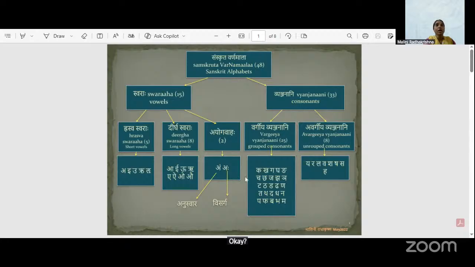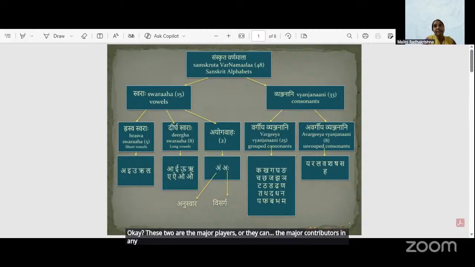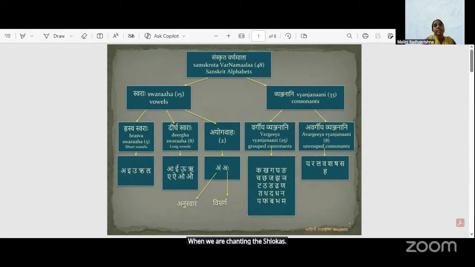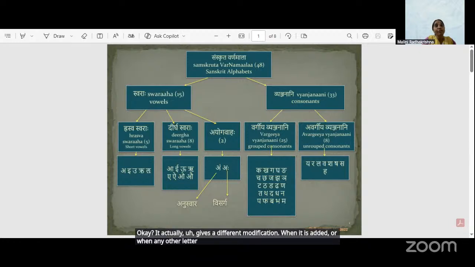These two are the major contributors in any text. When we are chanting shlokas, these two letters play an important role. It gives a different modification when any other letter comes in front of the anuswara and visarga, which we are going to study later.